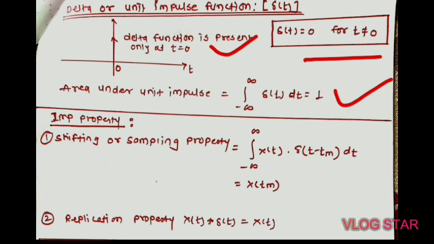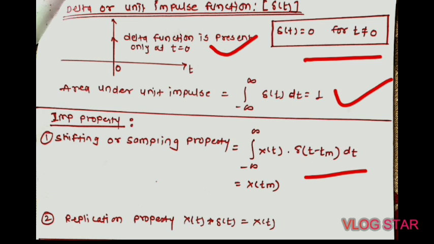There are different important properties of a delta function. Let us understand two of them: the first is the shifting property and the second is the replication property. The shifting property of a delta function states that the integral from minus infinity to plus infinity of x of t into del of t minus tm dt is equal to x of tm, where del of t minus tm represents the time shifted delta function, present only at t equal to tm.